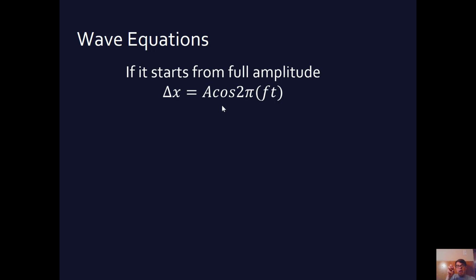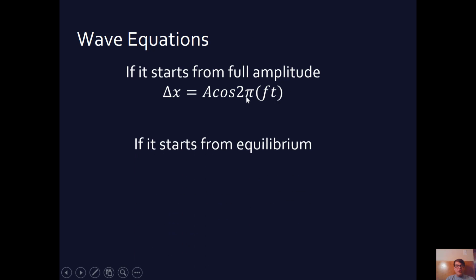So if you start at full amplitude, you put an A for the amplitude, use cosine because you started with the maximum, and then 2 pi f times the time. This is an equation for how x changes with the spring going back and forth. Sometimes 2 pi f is written as omega, the angular velocity. Omega equals 2 pi f, so we can use those interchangeably.